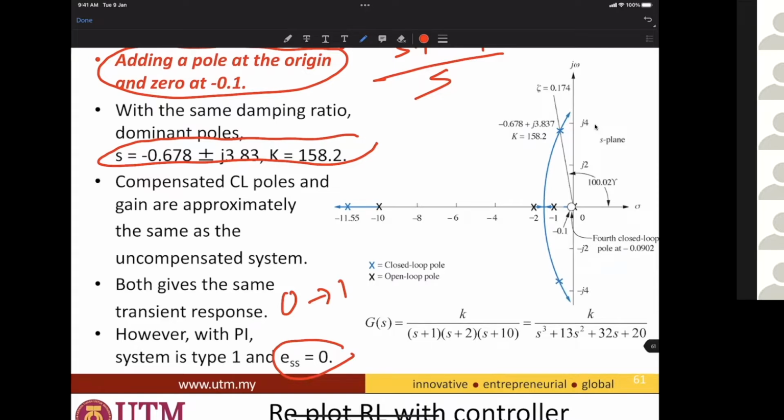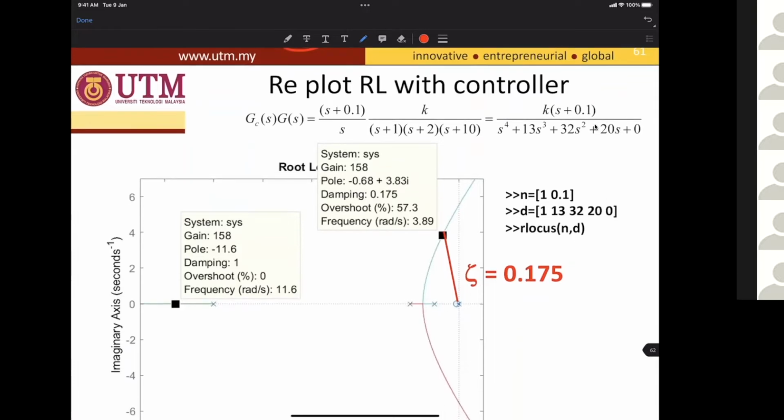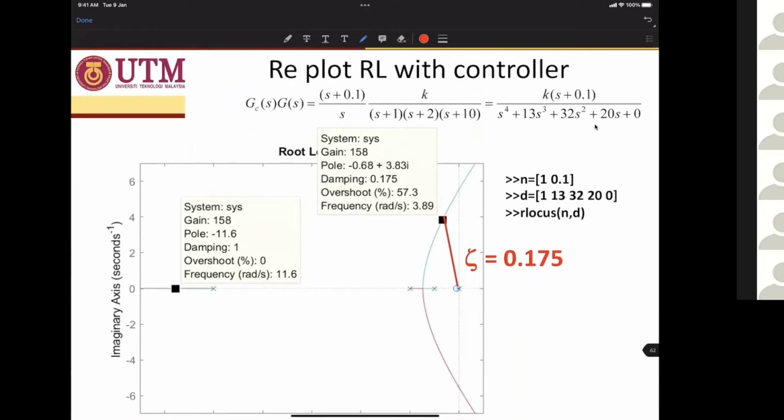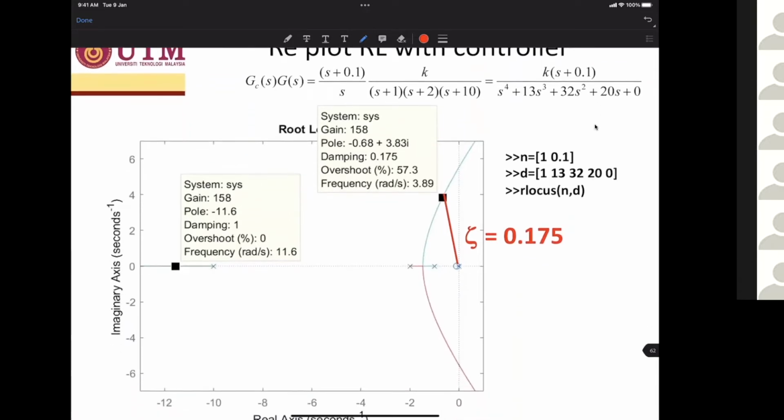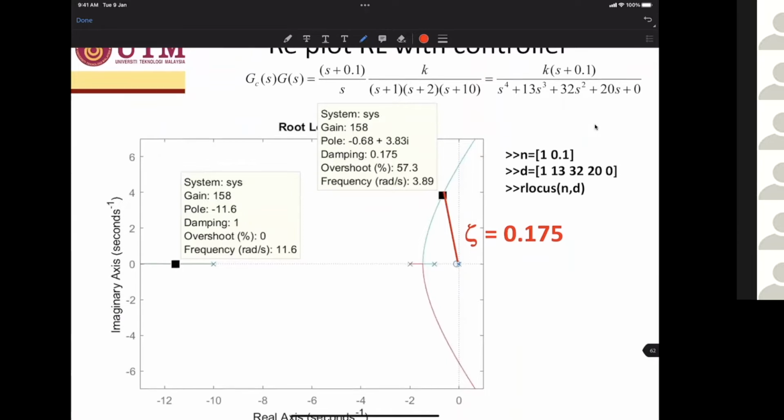Kalau kita redraw balik, okay, we still get the same shape of root locus. Okay, 3 root locus path ended at 3 infinity. Okay, as shown here. Okay, so this is the redraw. Okay, you can see that not much change on the transients.